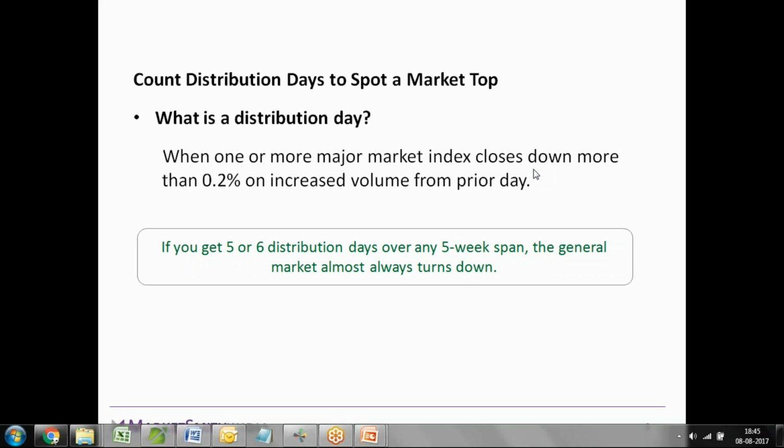So when we see that the index is down by 0.2% or more, based on our studies, that happens when most of the participants in the market are in a selling mode for that day. The more technical term for that is distribution, and that's why it's called a distribution day.